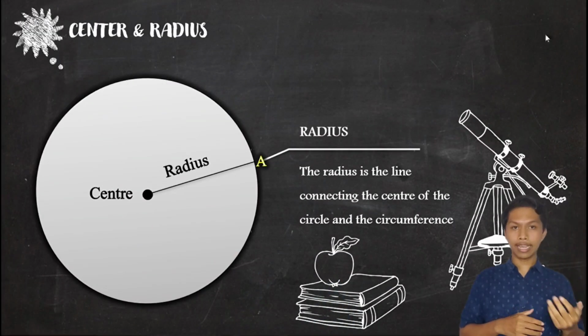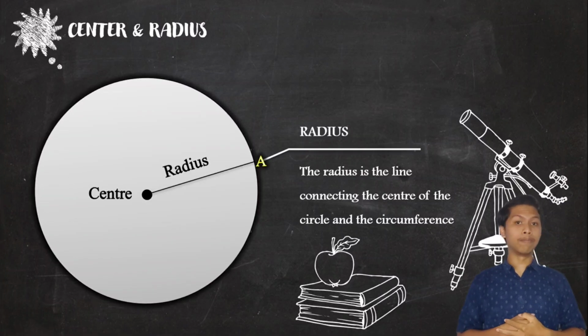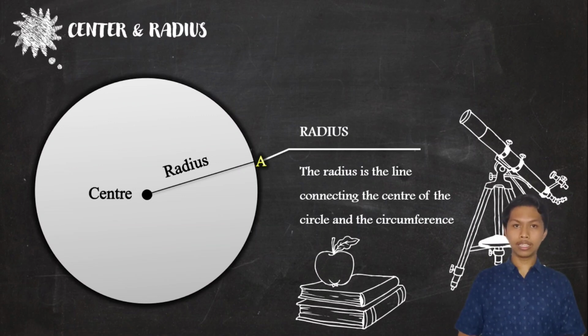Okay, next we learn about the parts that make up the circle. First of all, we have a starting point which we call the center point. Next, we have the distance that we use to draw all the equidistant points that make up the circle. That distance is called the radius.